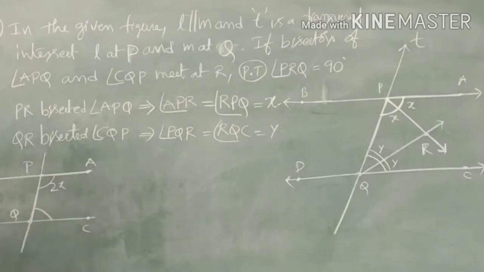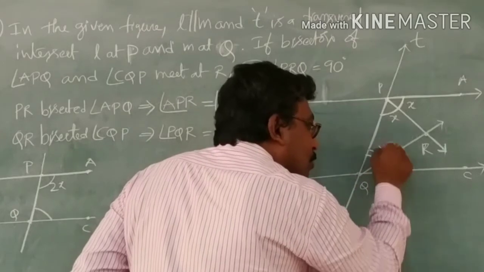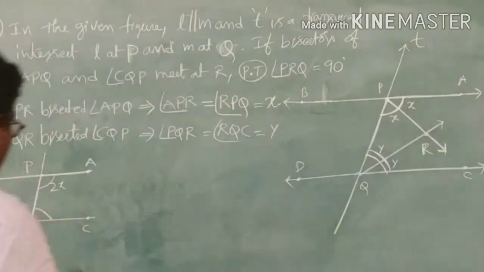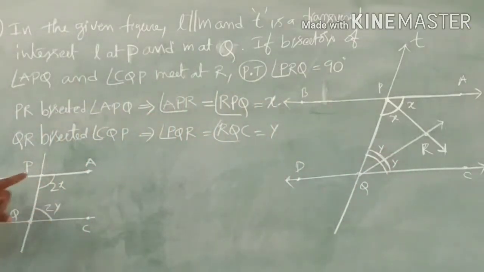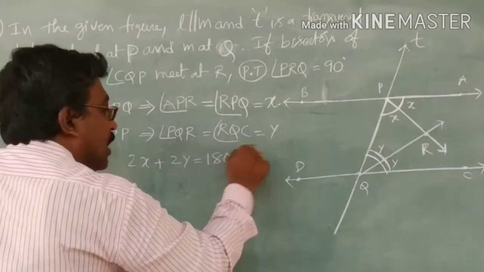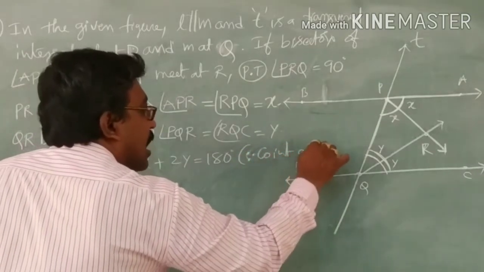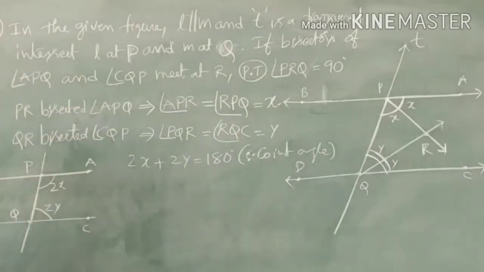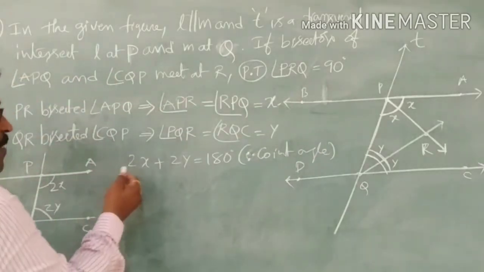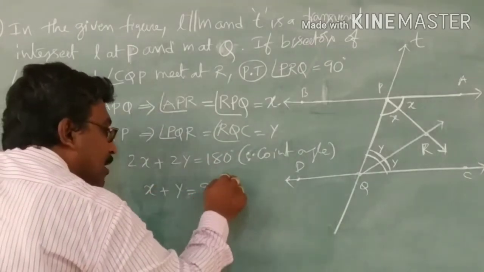And PQC, together Y and Y, Y plus Y, 2Y. Now, the sum of these two angles is equal to 180 degrees because they are co-interior angles. 2X plus 2Y is equal to 180 degrees, since the sum of co-interior angles is 180 degrees. If I take 2 common and cancel, X plus Y is equal to 90 degrees.